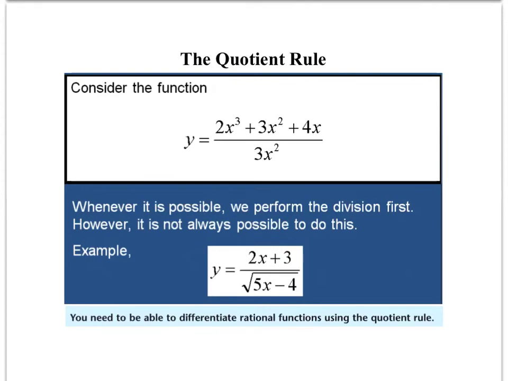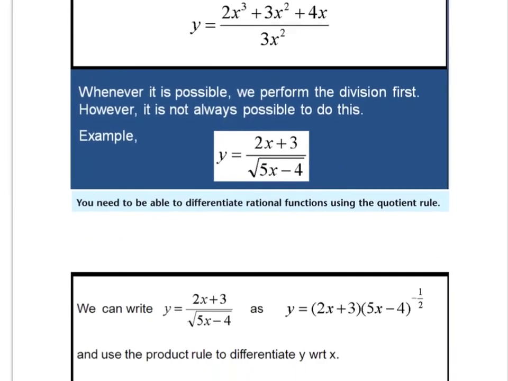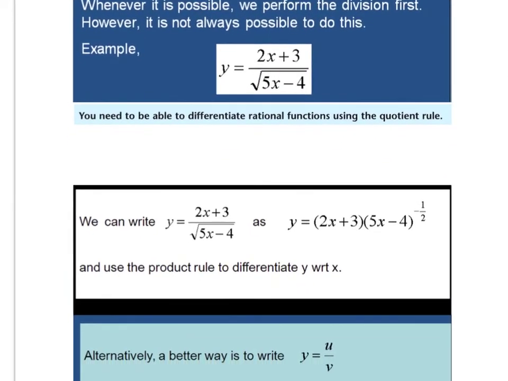Next rule that we need to know really well is called the quotient rule. The quotient rule, as the name suggests, is the rule that we use for differentiating functions when they're a quotient, like a fraction. So, it's really important to know for this one that the derivative is not just the derivative of the top line divided by the derivative of the bottom line. That does not work. We need a rule for this.